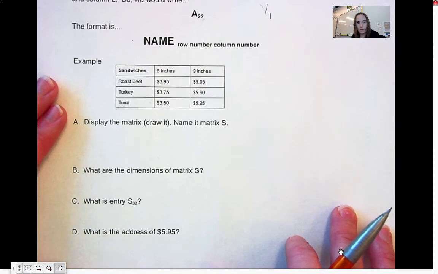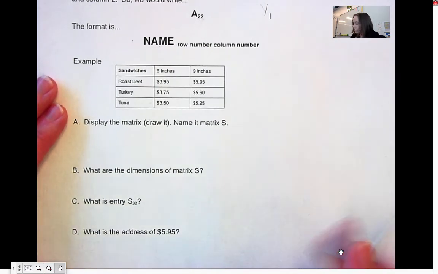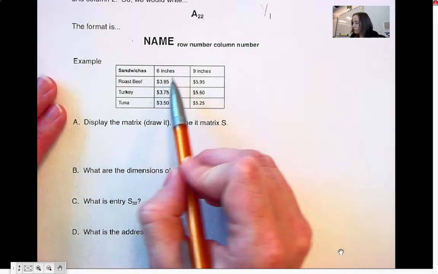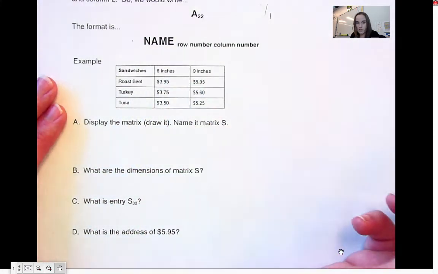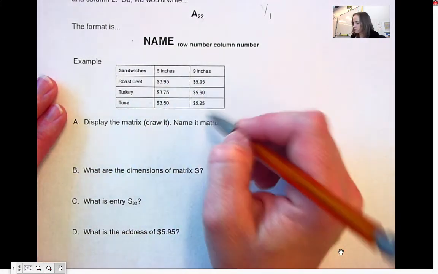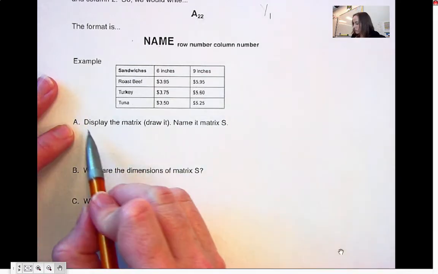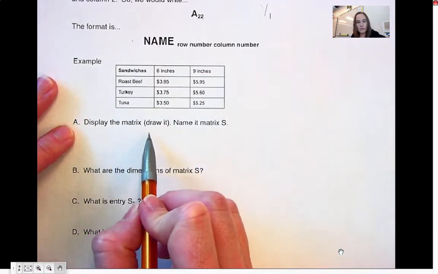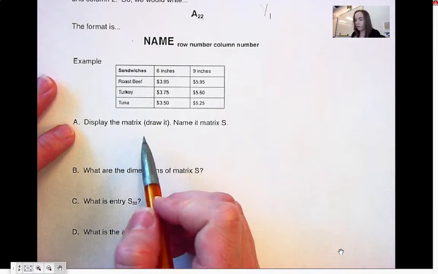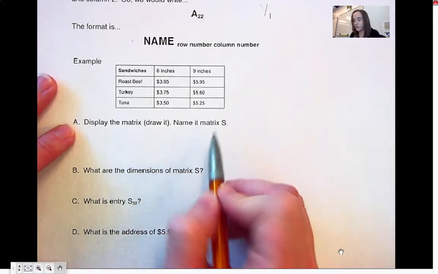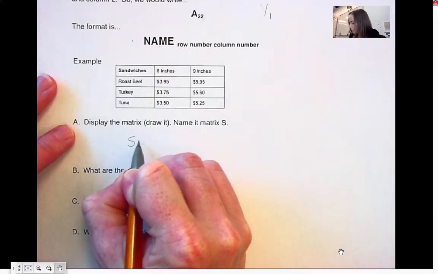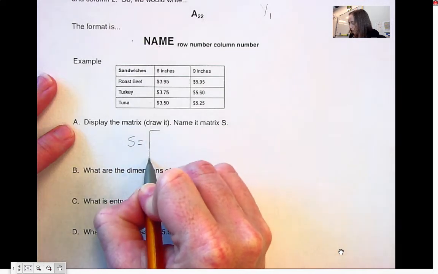So let's look at this example. We're talking about sandwiches. There are 3 different types of sandwiches and 2 different sizes, and they all come in different prices. So the first thing says display the matrix. They just want you to draw what it would look like and name it matrix S. So S equals, draw a matrix.